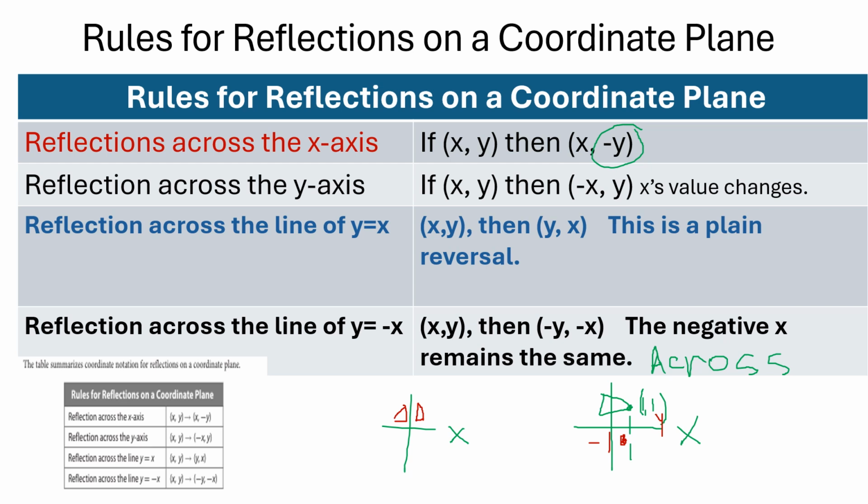Those are your rules. Reflection across the line y equals x. What does that mean? The line y equals x means that x is going to be here or here, and every point on that line has the same value for x and y. Now, if you see something that says y equals 2, it means all your x values are going to be 2, and y is going to change.